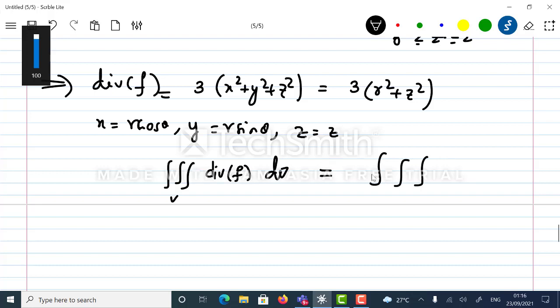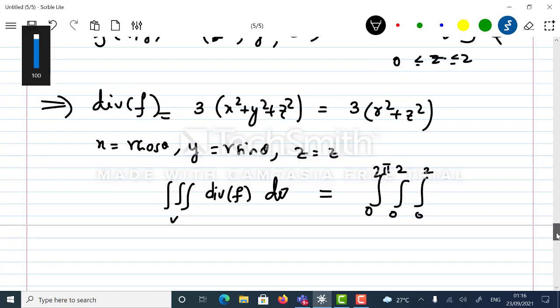So let me write this down. Theta is 0 to 2 pi, and then r is 0 to 2 and z is 0 to 2. Is it 0 to 2? Since x² + y² is equal to 9, it will be 0 to 3.